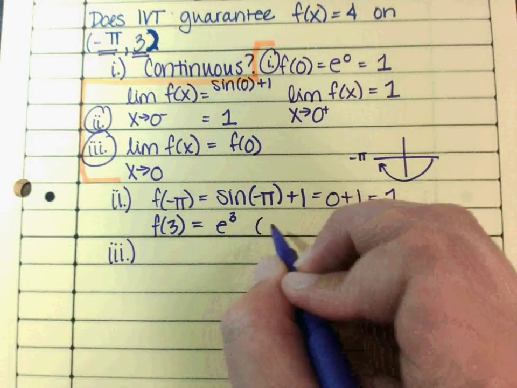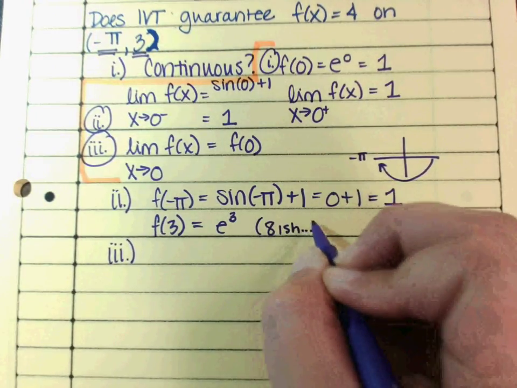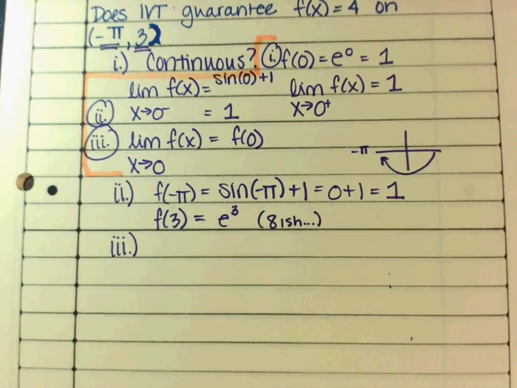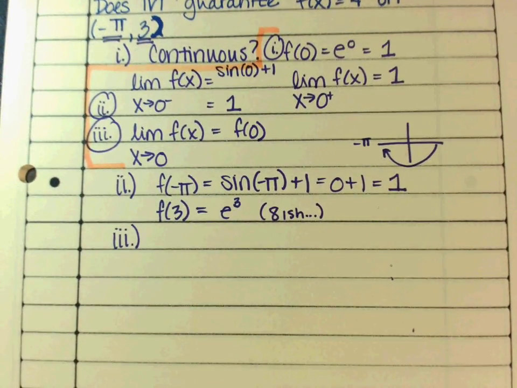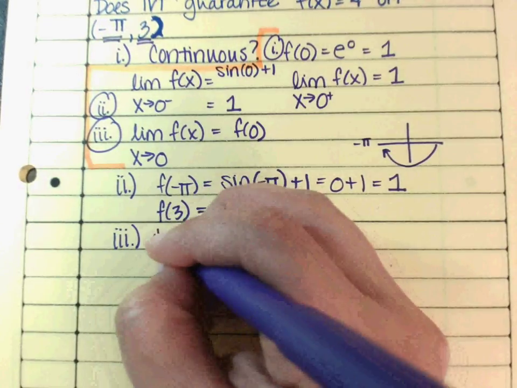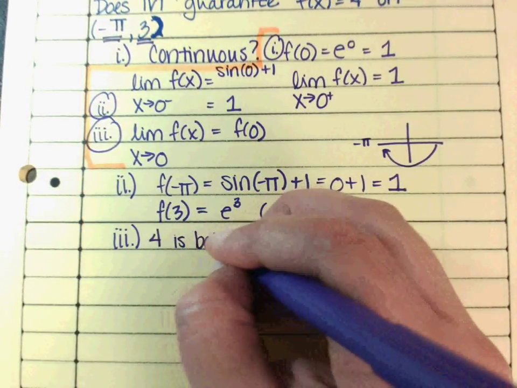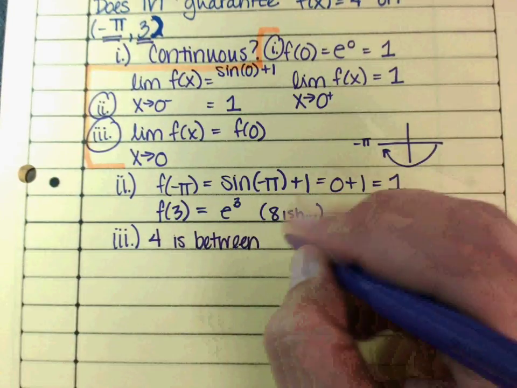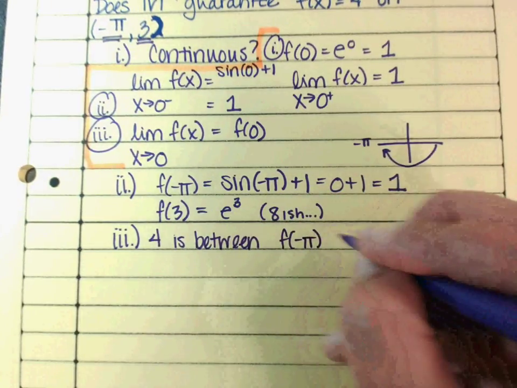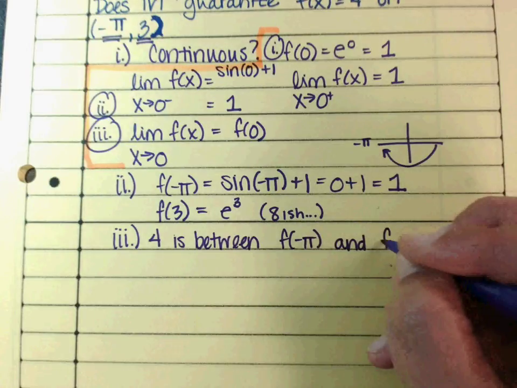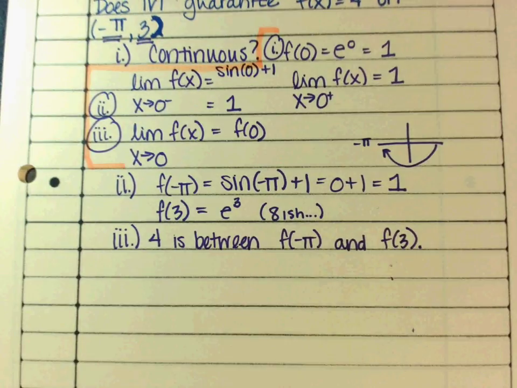So I'm going to put right here 8-ish. Pretend 2 cubed is 8, then e cubed is 8-ish, but it's even bigger than that. So we would say 4 is between f of negative pi and f of 3.